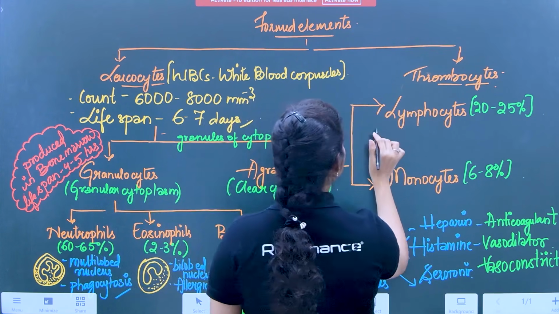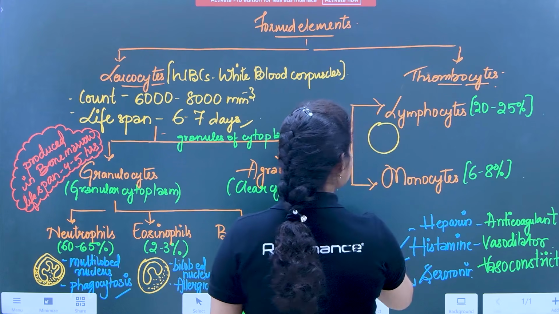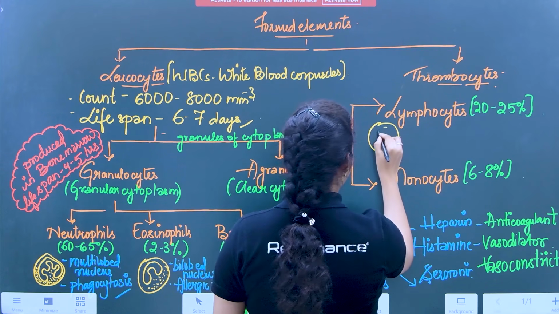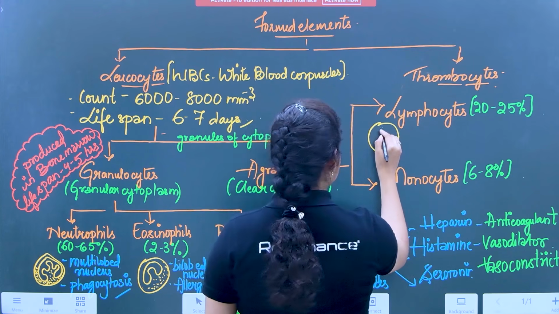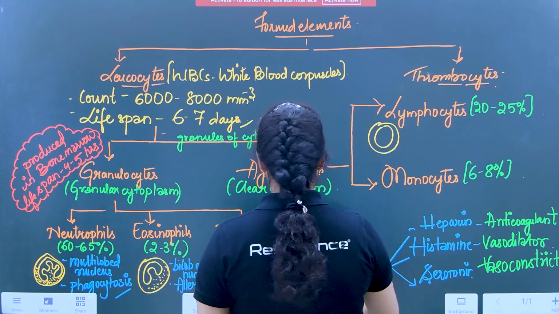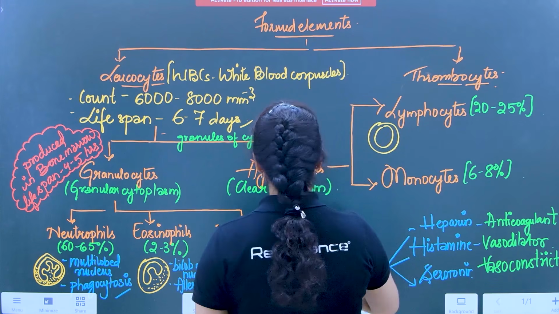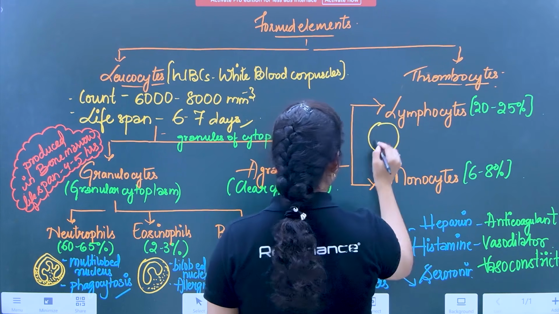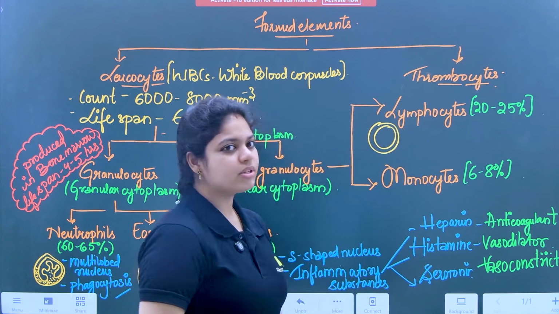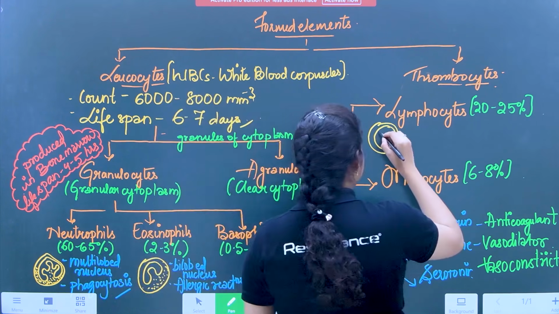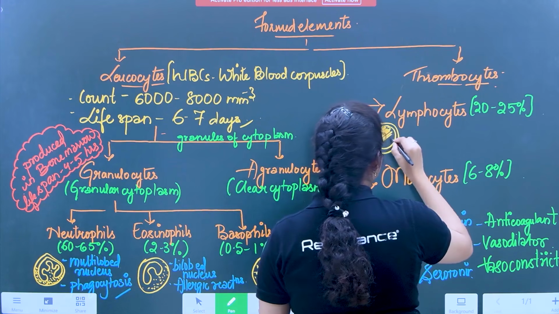Coming to the lymphocytes, these lymphocytes have a large central nucleus. A big nucleus, and obviously the cytoplasm is clear. I want to show you this as the nucleus, so I am shading it.